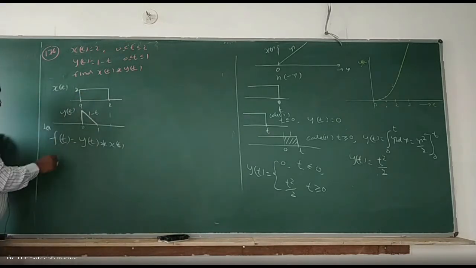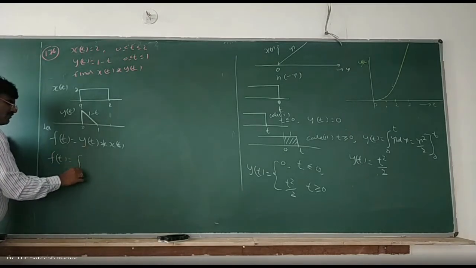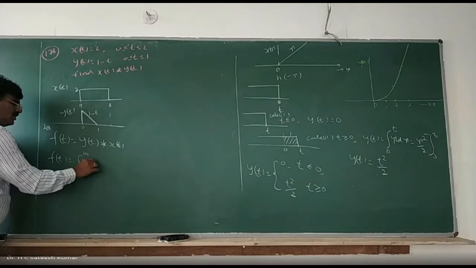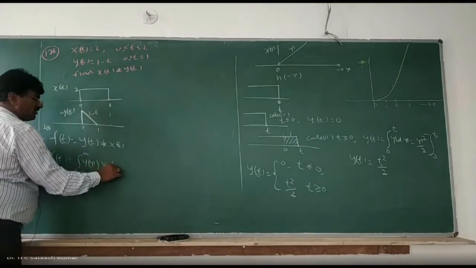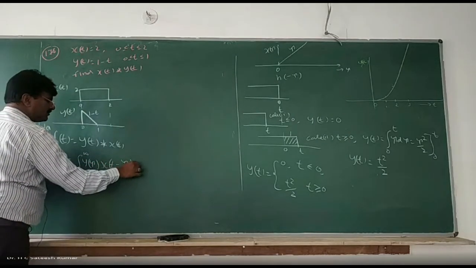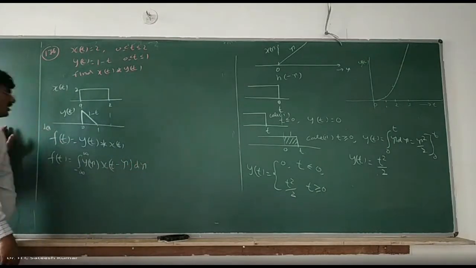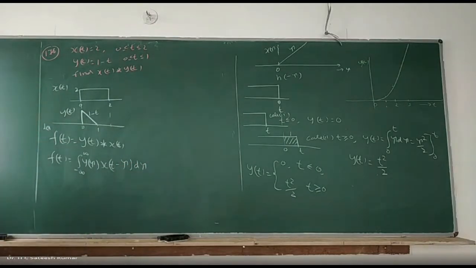F of t is equal to what? You can write integration from minus infinity to plus infinity y of tau into x of t minus tau d tau. Okay, right. So now what do we have? Y of tau. Is that okay?